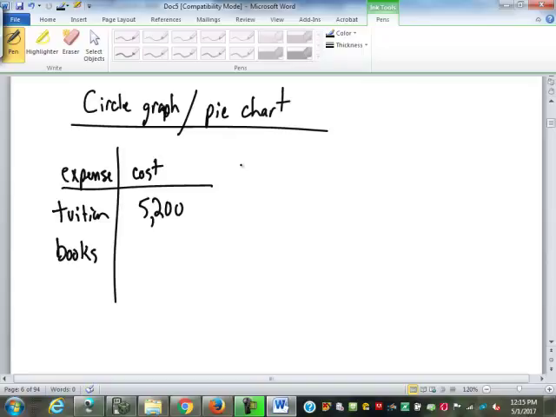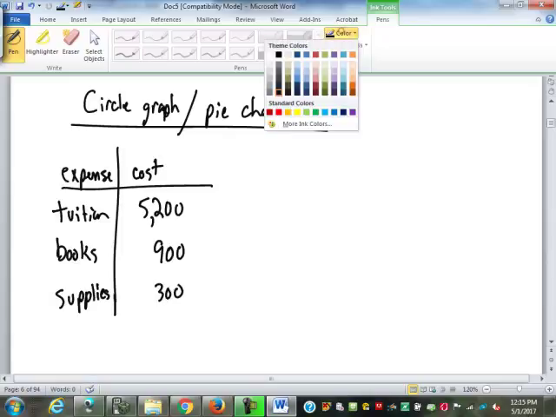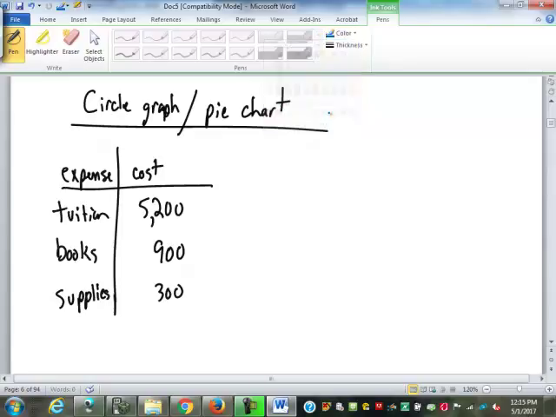Books, believe it or not, this is probably a lowball number, about $900 a year. And supplies, let's go $300 a year. So if I want to make a circle graph or a pie chart of this, what I'm looking at, what I usually graph on those is percents.